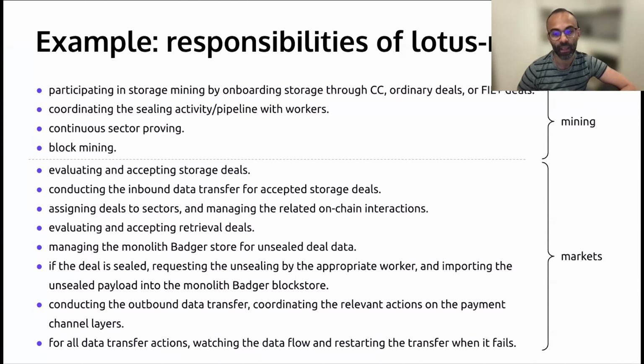And this is the initial segregation that we're proposing to do. You'll realize that these two layers have very different quality of service and SLA requirements. The mining operation of a miner is right now the most profitable activity of the miner, and it can be entirely private. Lotus miner is an entirely private thing that interacts with the daemon to interact with the network, so the mining activity within Lotus miner could stay entirely private.